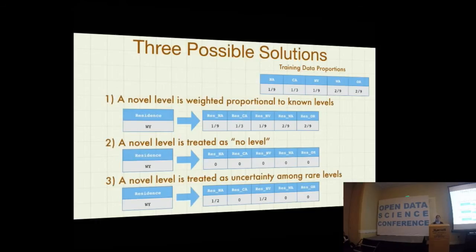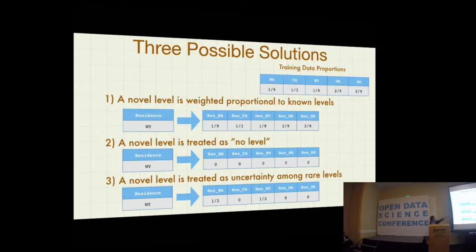So let's look at 3 possible solutions for dealing with those missing variables. In addition to having the states that we know were in the training data, let's say that we also know what the training data proportions are, and that's up in the top right corner right there. How do we deal with new levels? There are 3 ways to represent a new level, given the training data that we previously had. We can represent a novel level as being all the levels that we've observed, proportional to the known levels.